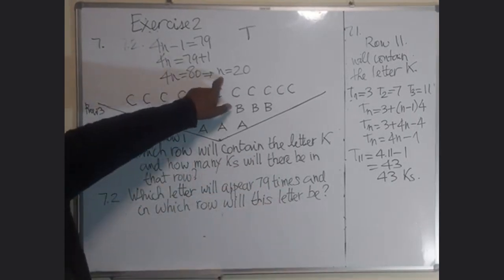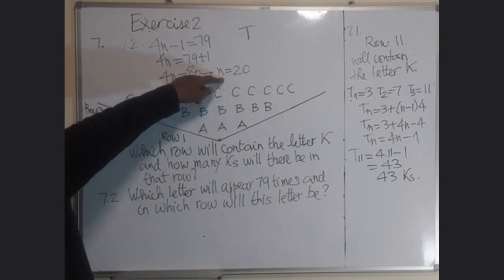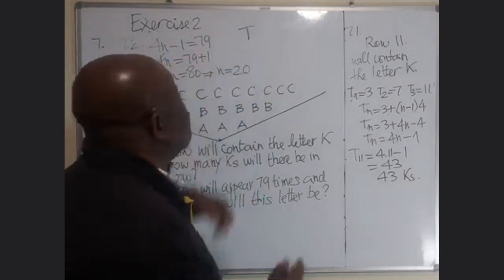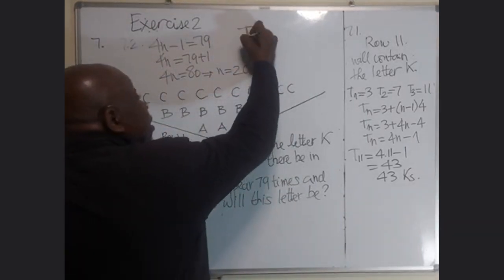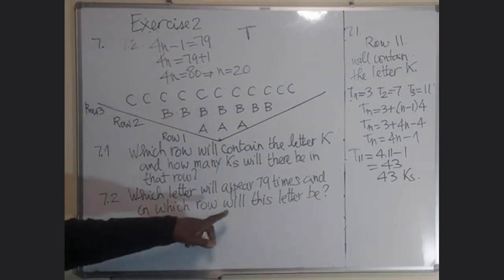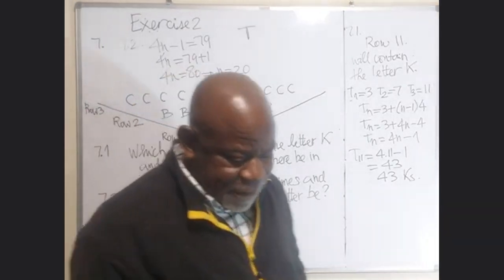That is going to be row 20. Which letter will appear 79 times is going to be letter T, at position 20, and the row will be equal to 20.